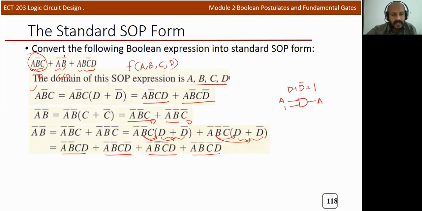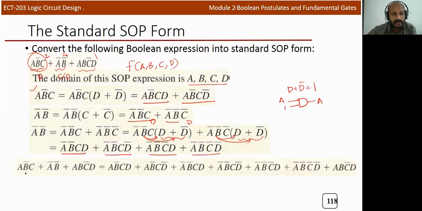So if you expand the first expression, you will get two terms, and the second time if you expand, you will get four different expressions. The final one contains all the variables, so we don't want to do anything. You can simply keep that term like this. So if you write the expressions, finally you will get 1 2 3 4 5 6 7 different terms, total 7 terms.